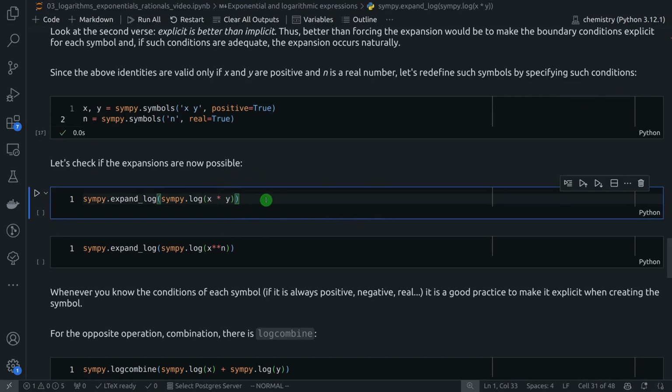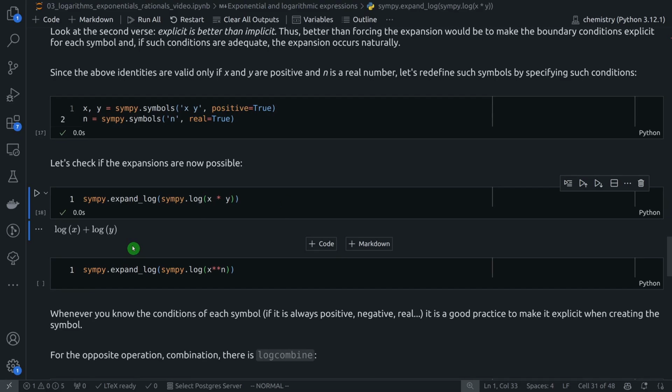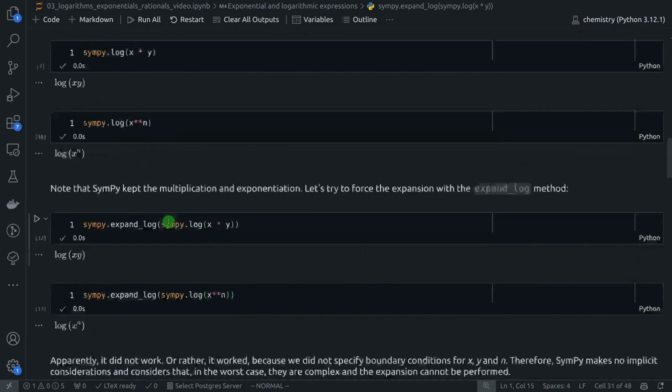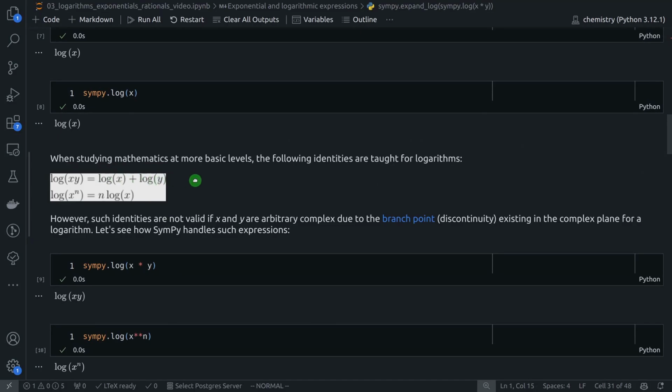And be aware that there is no force parameter here. Okay, I'm just passing the expression. And now you can see that the result is the log of x plus log of y. The result is the right-hand side of the first identity.